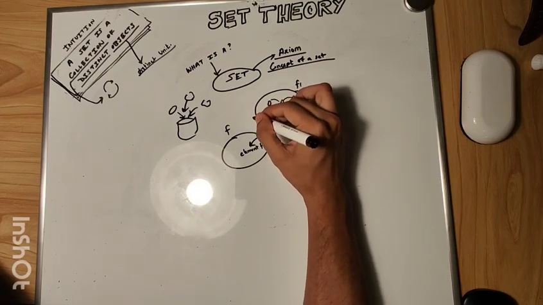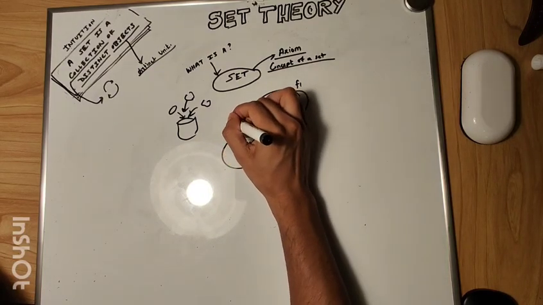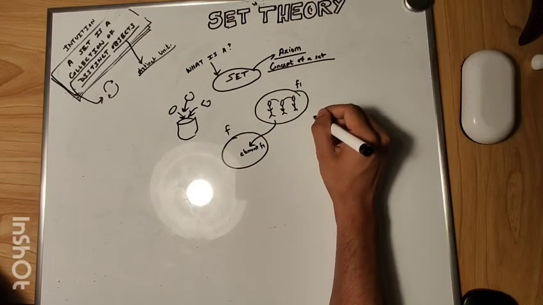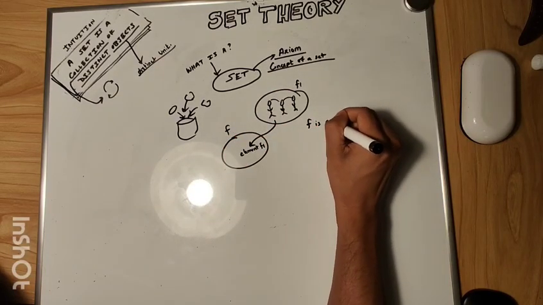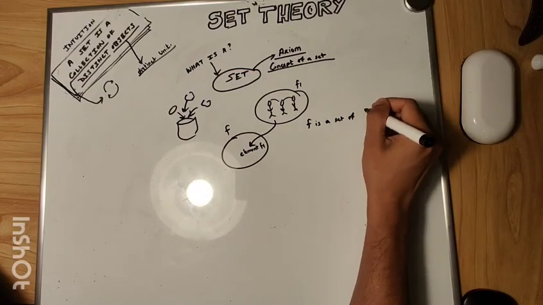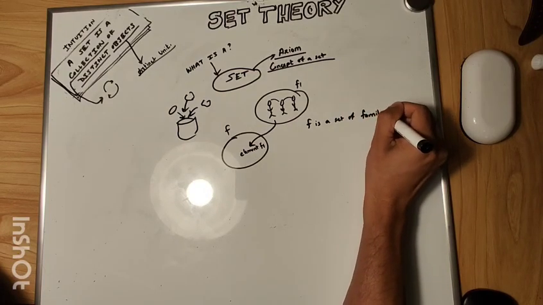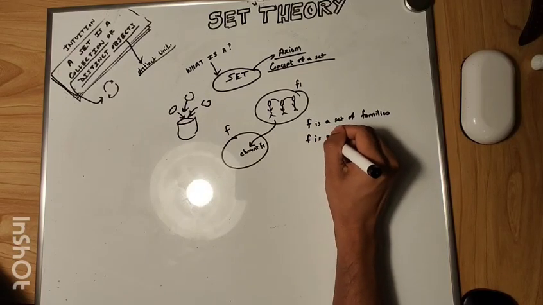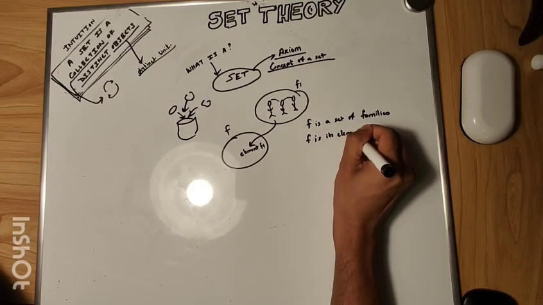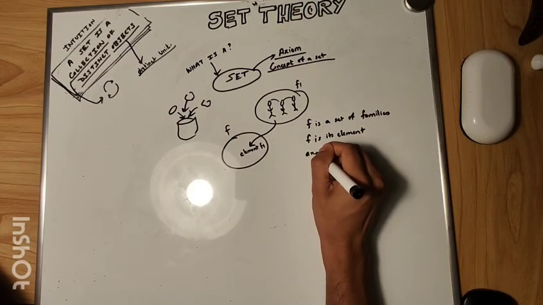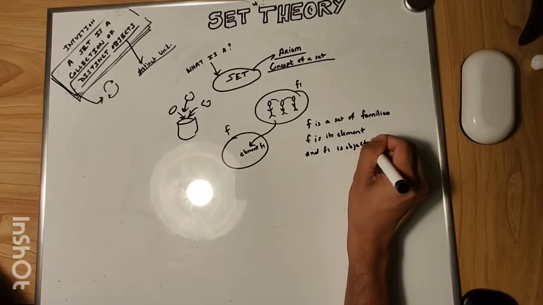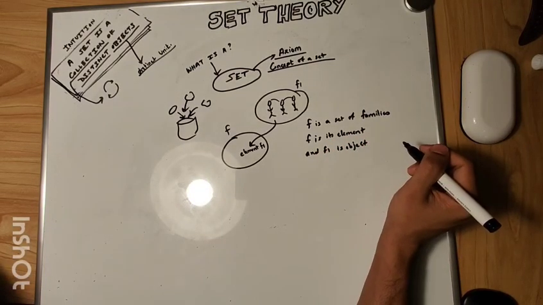So for the purposes of set F, where F is a set of families, F1 is its element and F1 is an object. So I hope that is clear.